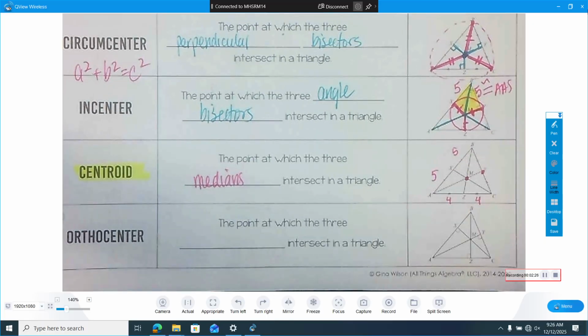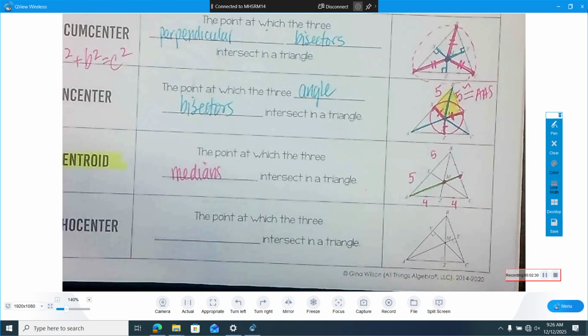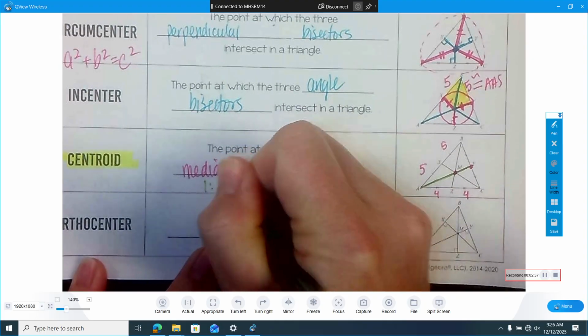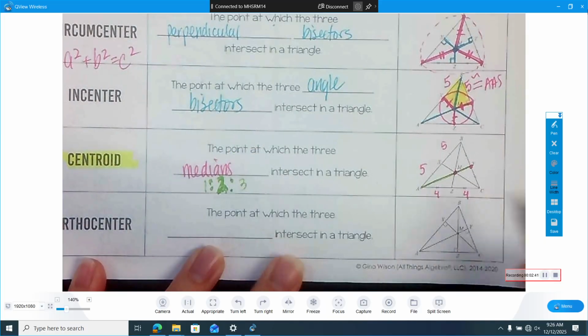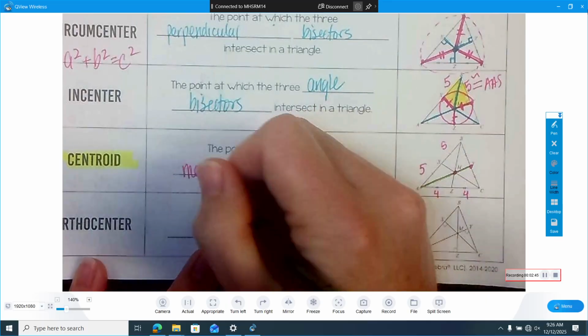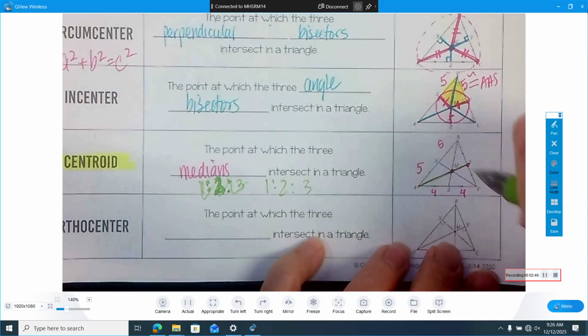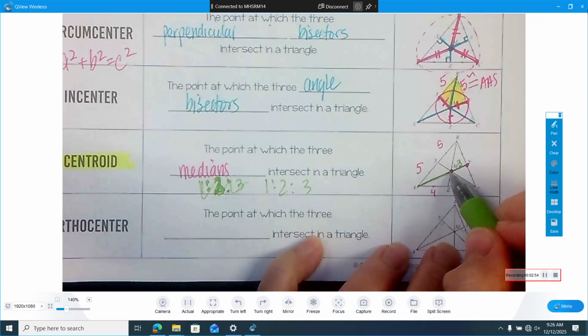But we also had some special relationships within the medians themselves. So we had this whole median right here gets segmented in a very particular way. The 1, 2, 3 relationship. We've got a small part, the bigger piece, and the whole thing. All right, the 1, 2, 3. So, for instance, if I know the small part is 3, what's the bigger section? 6.